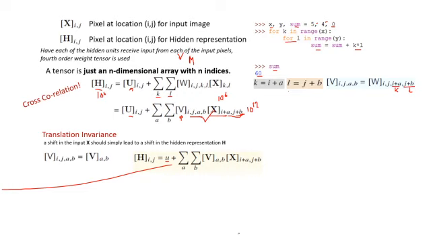In this equation, you are still covering this I plus A and J plus B factor, which is still covering the entire image. So the number of parameters needed in this case is 4 into 10 to the power 6, because, as I said, it is covering the entire image.